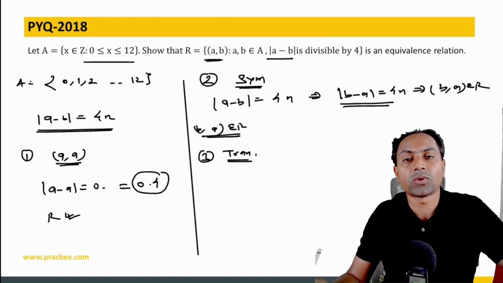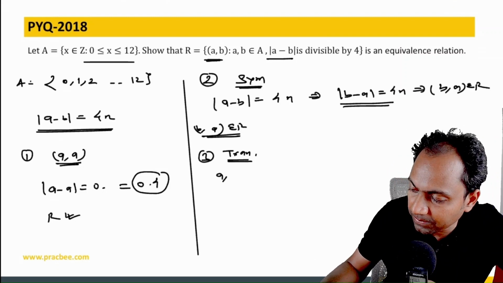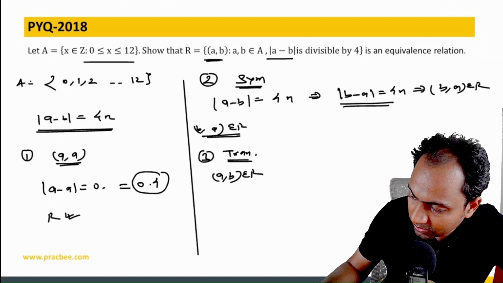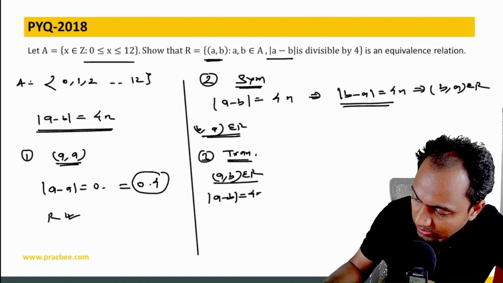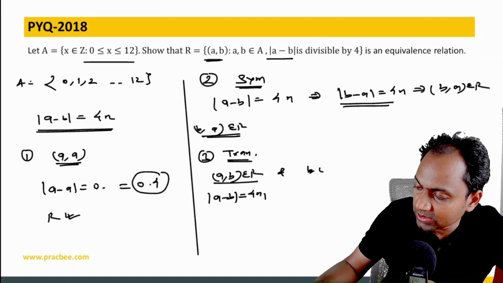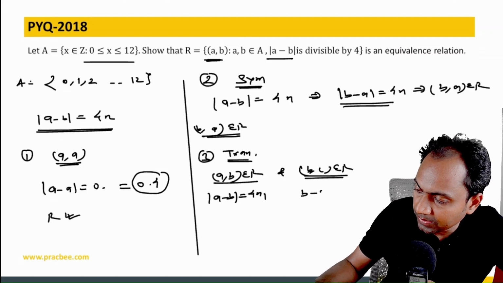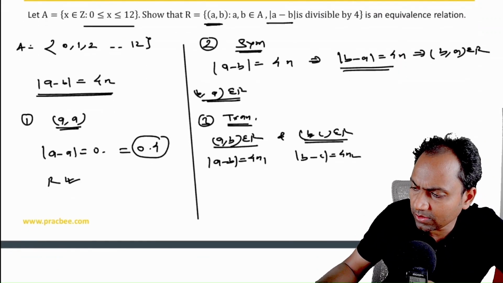In the third part, we need to check it for transitive. For transitive to happen, the condition is a comma b and b comma c. So if a comma b is a part of the relationship, corresponding to that we can write |a minus b| is equal to 4n1. And if b comma c also belongs to the same relation, we can also write |b minus c| is equal to 4n2.